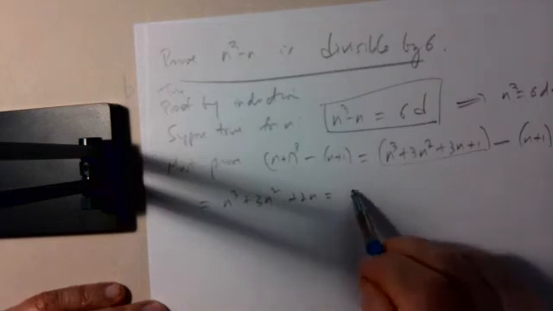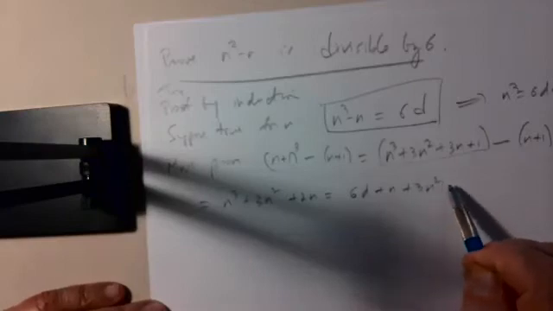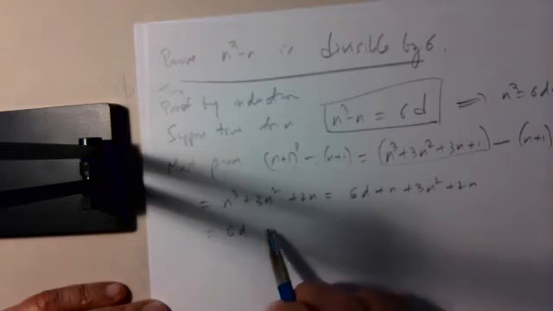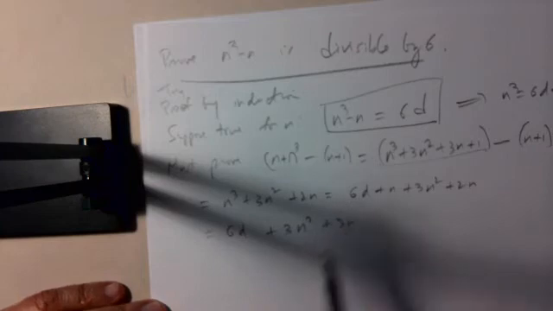Yes. So we would get 60 plus n plus 3n squared plus 2n, which is 60 plus 3n squared plus 3n. And then what?